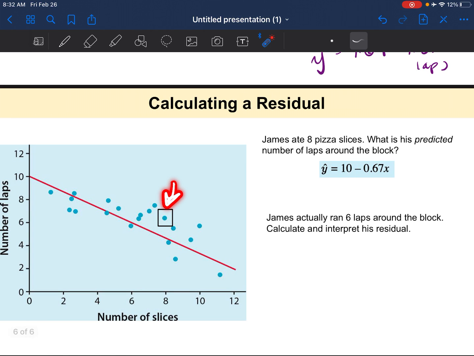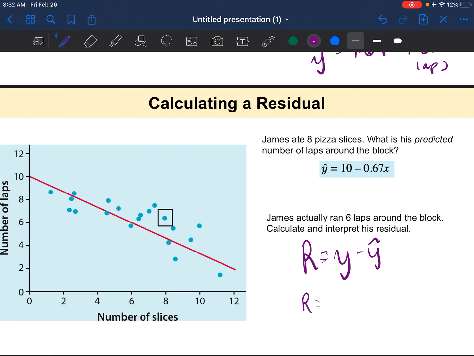So this is actual James. James actually ended up running 6 laps around the block. Calculate and interpret his residual. So I know that the formula for residual is R equals y minus y hat. R equals actual minus predicted.